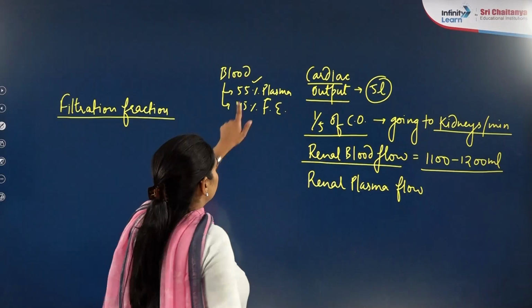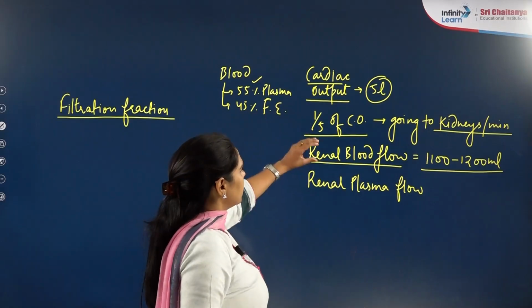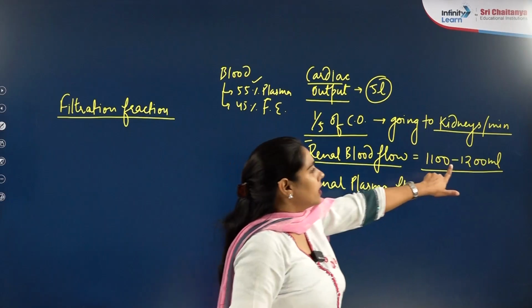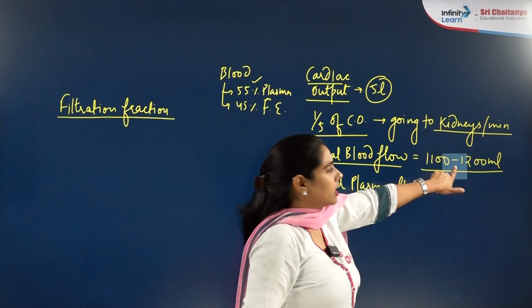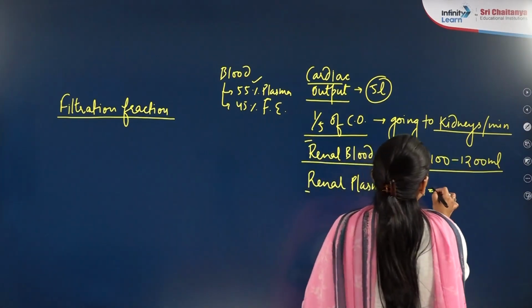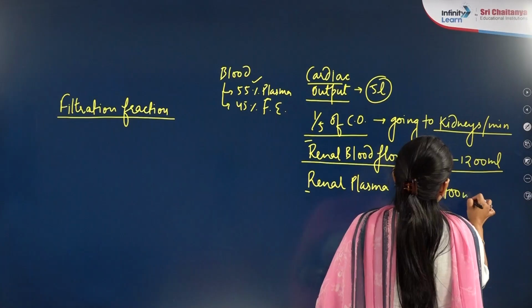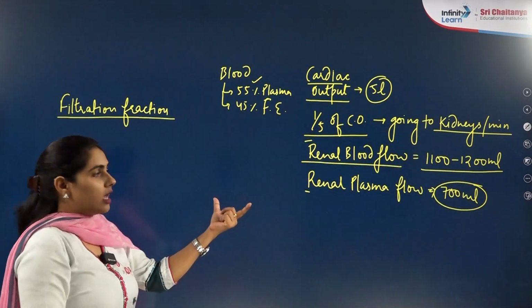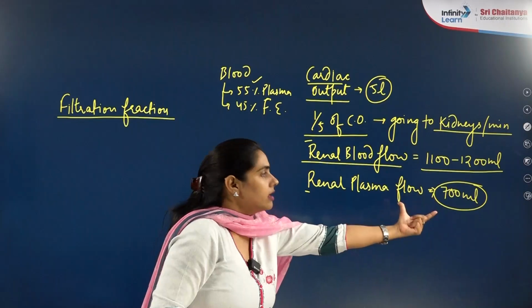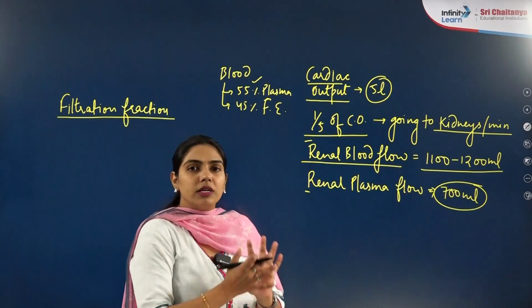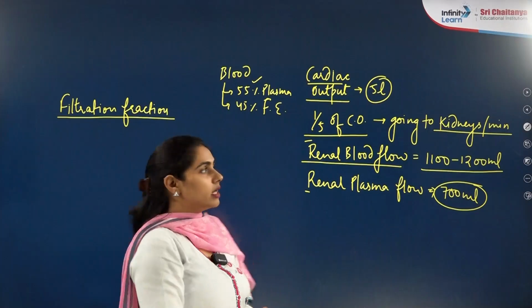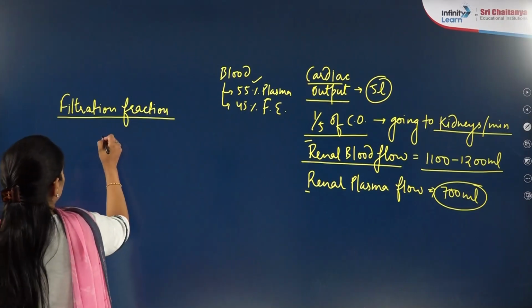So if 55% plasma is there, then from renal blood flow, what will be the renal plasma flow? 55% of this. It will be somewhere 700 ml. So this is the renal plasma flow. From this 700 ml, how much filtrate is formed? 125 ml per minute. That is filtration fraction.